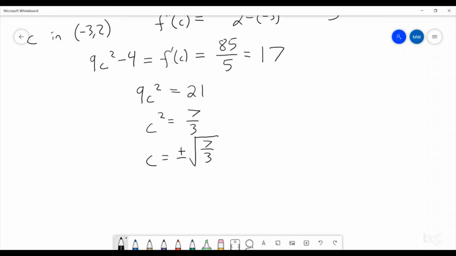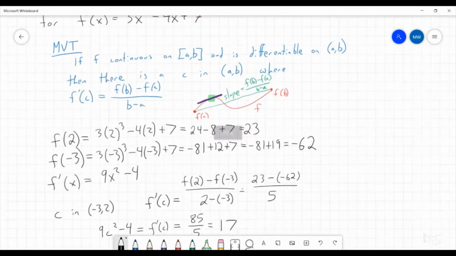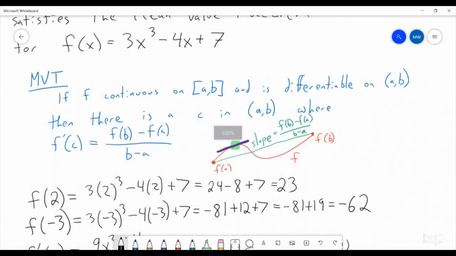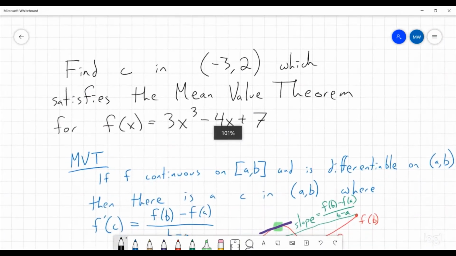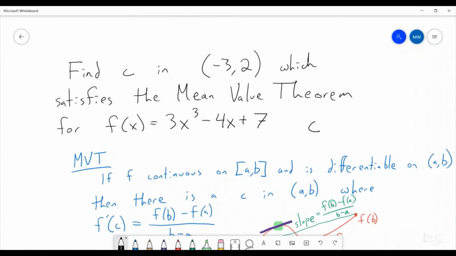We need to know which of these is between -3 and 2, and it turns out that both of these are. So here we actually have two different solutions. We have c is plus or minus the square root of 7/3. And both of these actually work.